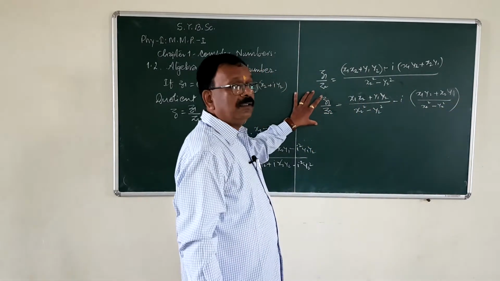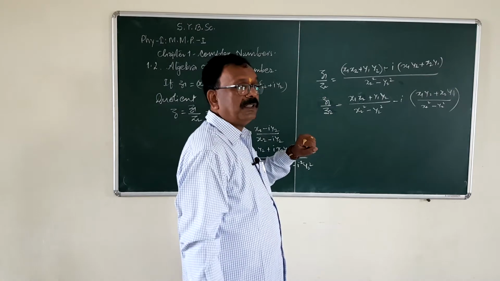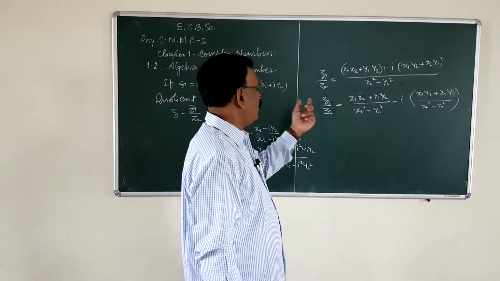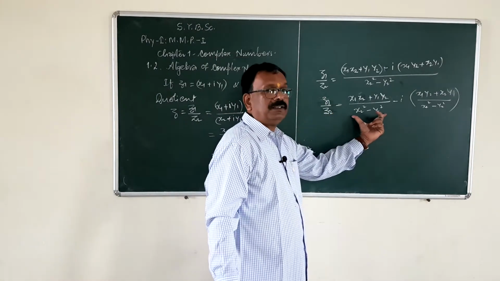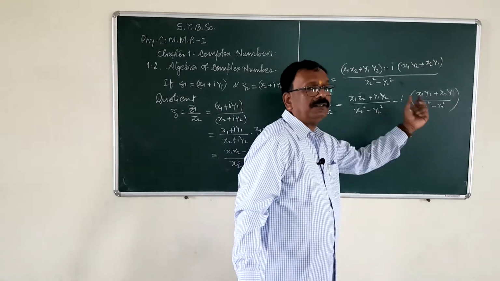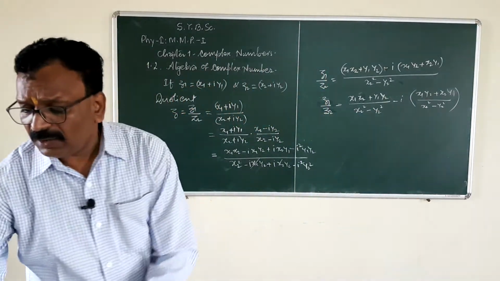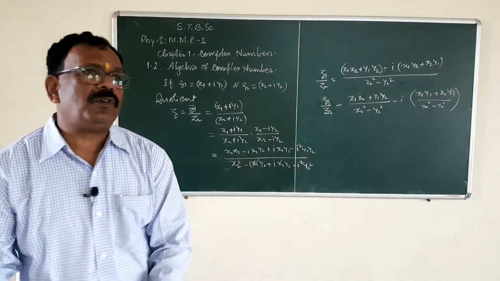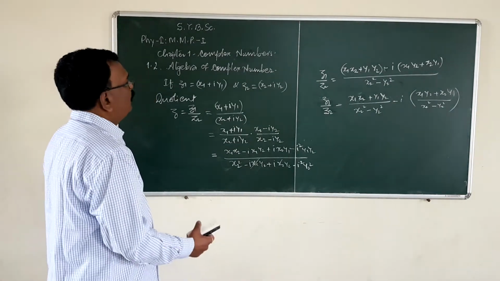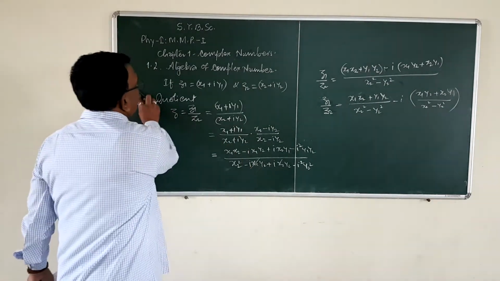Okay, this equation represents the division of two complex numbers, in which this term is the real part and this term represents the imaginary part. Okay, now we are going to see some important problems regarding the algebra of complex numbers.